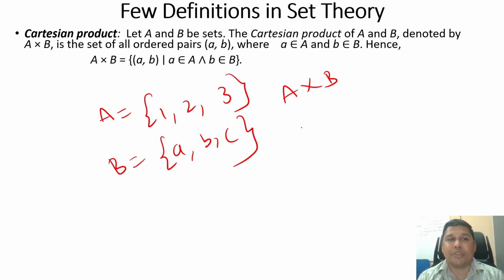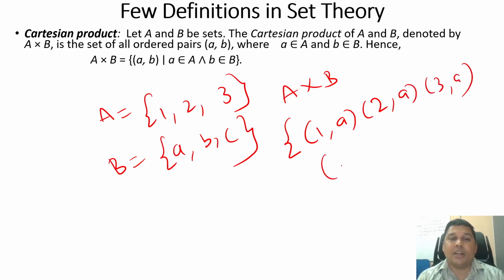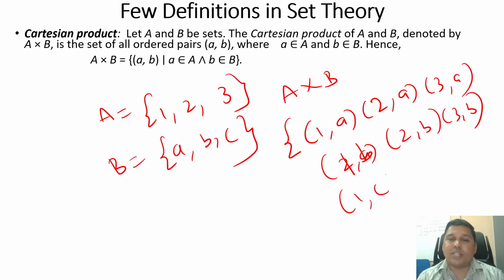It can be written as 1a, 2a, 3a, then 1b, 2b, 3b, then 1c, 2c and 3c. So this is the Cartesian product.